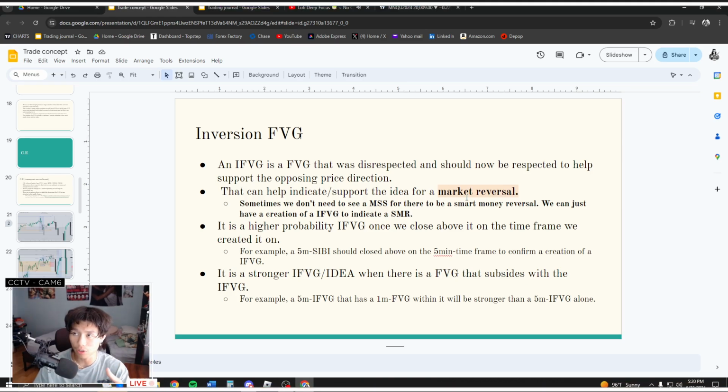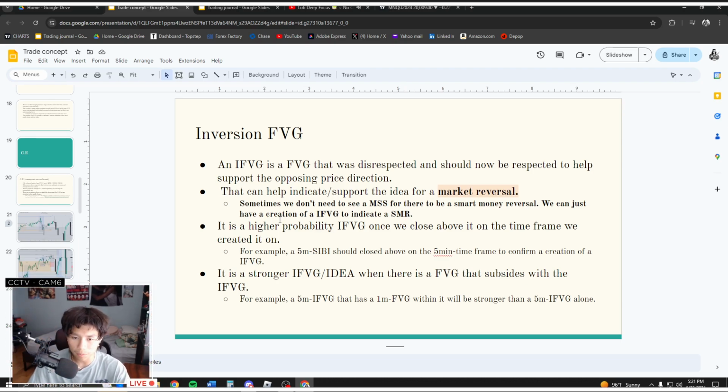When we see a disrespect to a fair value gap that should have sent us lower, but we close above it, that will help indicate a market structure shift. So sometimes we don't need to see a market structure shift for there to be a smart money reversal. We can just have a creation of an inversion fair value gap to indicate the smart money reversal.